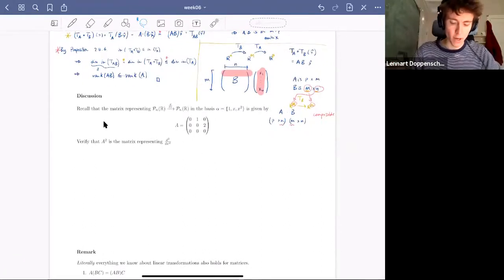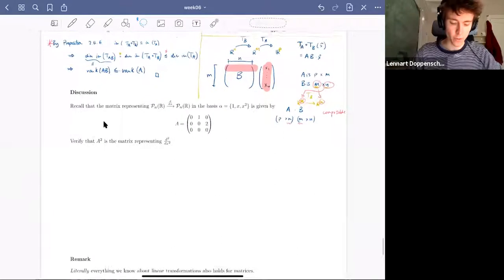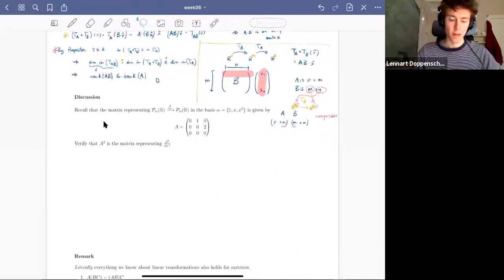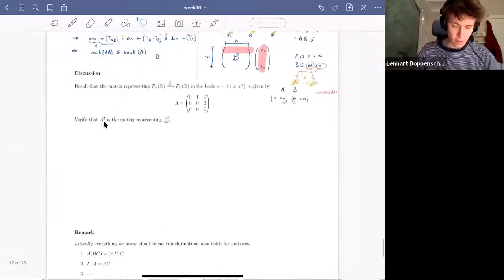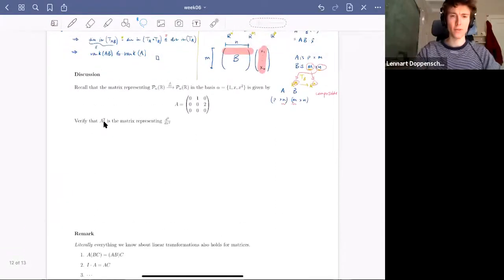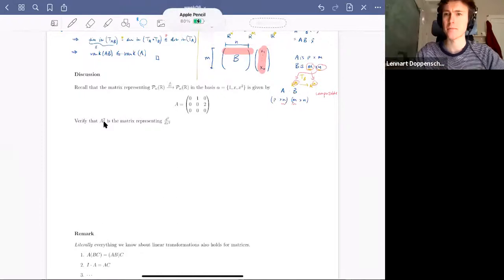So we are looking at an example of how this matrix multiplication compares to composition of transformations in case of the d by dx. All right, if there's no questions, then I'll end the lecture.